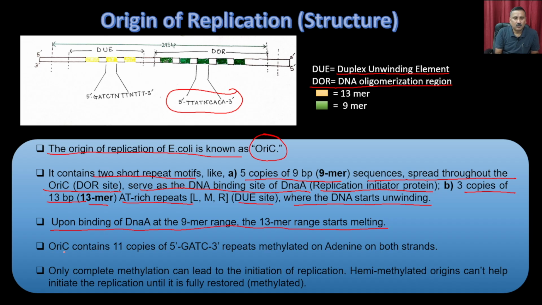Okay. So, oriC contains 11 copies of the 5' GATC 3' repeat, methylated on the adenine on both strands, and only complete methylation can lead to the initiation of replication. Hemimethylated origins can't initiate replication until they are fully methylated. This is important because methylation also controls replication, because remember that methylation is a defense mechanism.